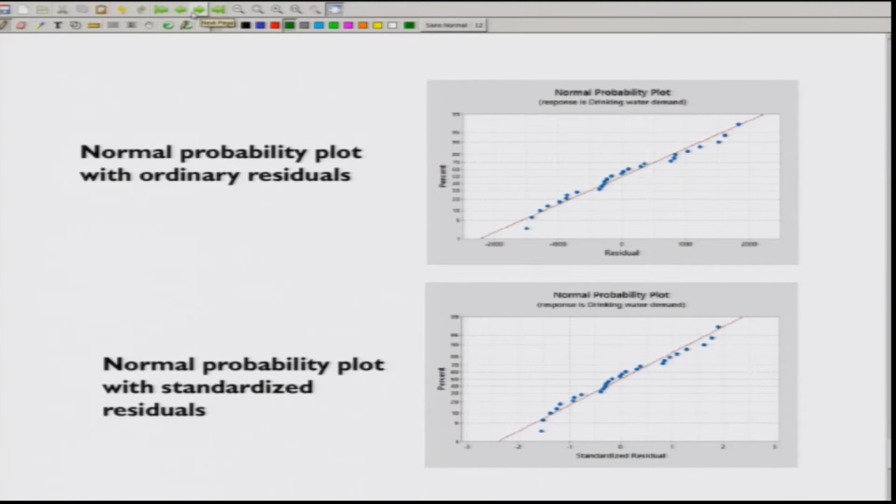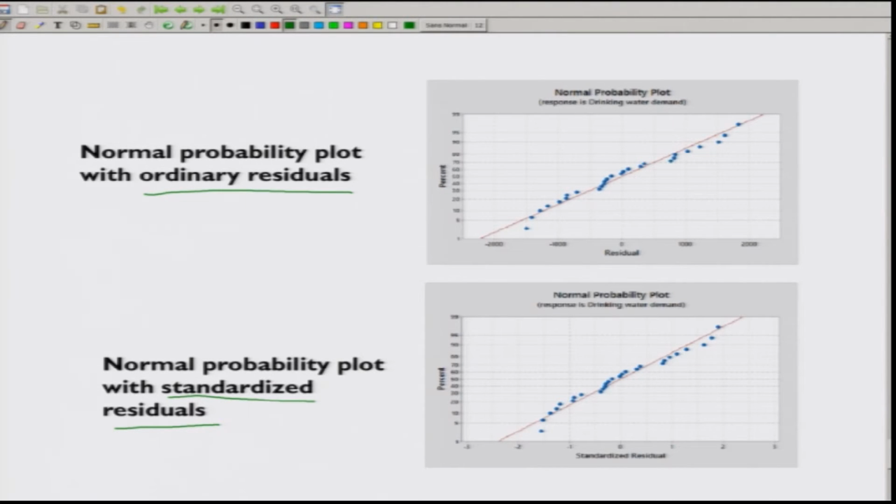Now this is the normal probability plot, and the first figure is based on ordinary residuals, and the second figure is the normal probability plot using the standardized residuals. So you may recall that we had concluded that if all such points which are lying over here as blue dots are lying close to the line, nearly on a straight line, then we can be sure that the observations are coming from a normal population.